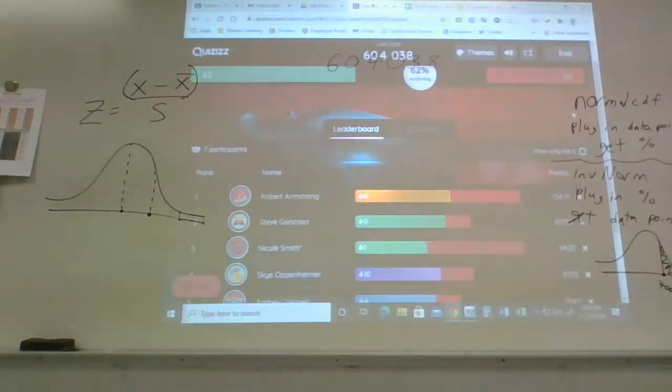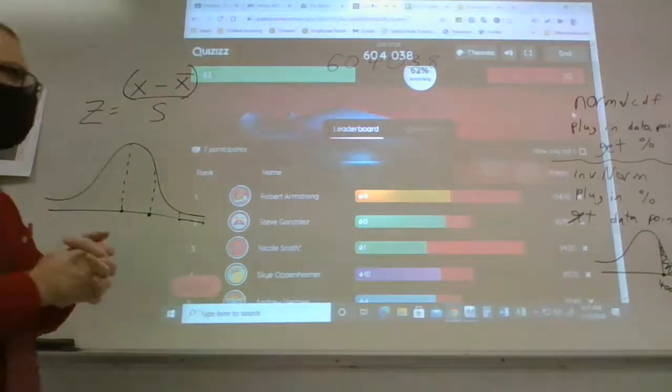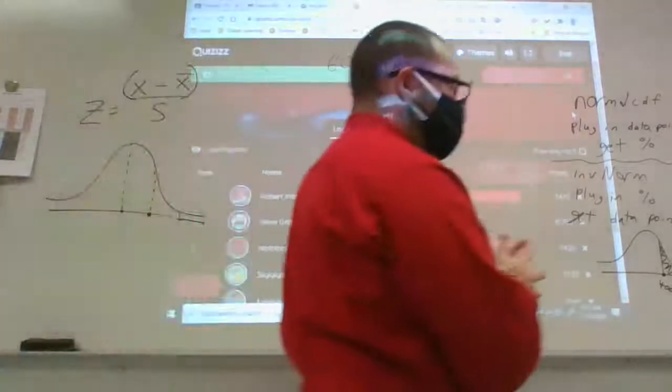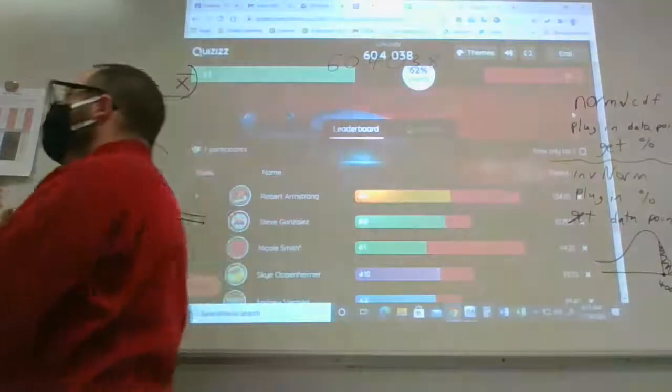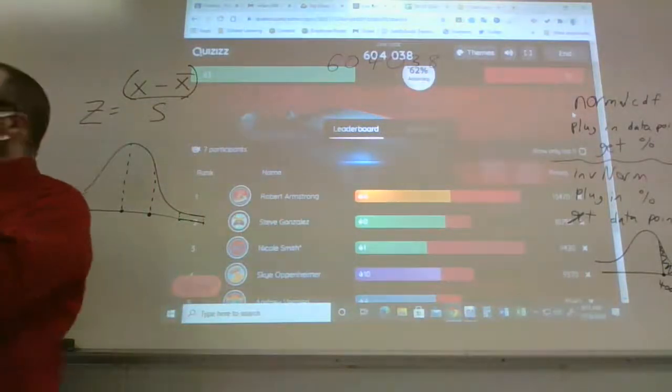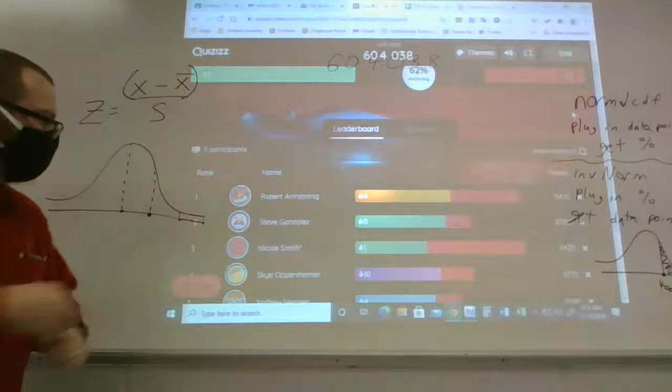For that area, it would be the percent, right? Yes, but typically when you use inverse norm, you have to type in the percentage as a decimal. So the 75th percentile would be the area, right? Yes, because you know how I told you to leave it as left? Check this out.